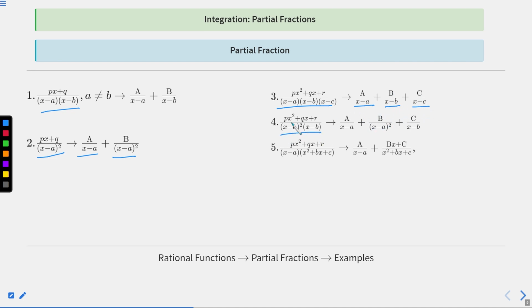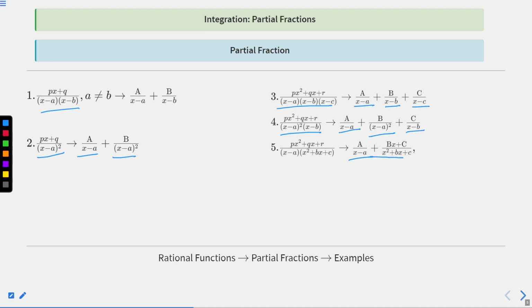If you see (px² + qx + r) divided by (x minus a) square times (x minus b), this can be reduced to A by (x minus a) plus B by (x minus a) square plus C by (x minus b). Now (px² + qx + r) divided by (x minus a) multiplied by (x² + bx + c) can be reduced to A by (x minus a) plus (Bx + C) divided by (x² + bx + c).